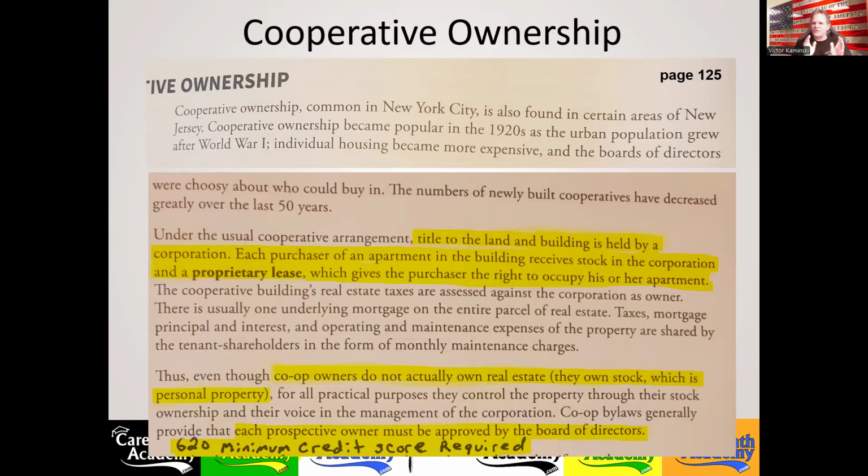So when you see mortgage loans or commercials on TV for purchasing a car with a certain interest rate, that's an interest rate you're probably not going to get unless you've got that top tier credit score. Otherwise, you get a little bit higher interest rate because your credit score's lower.